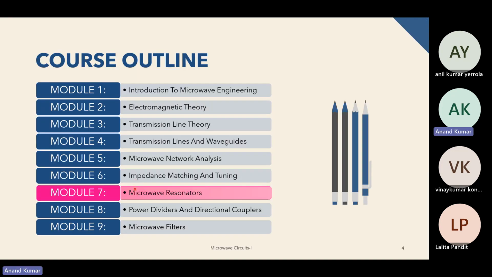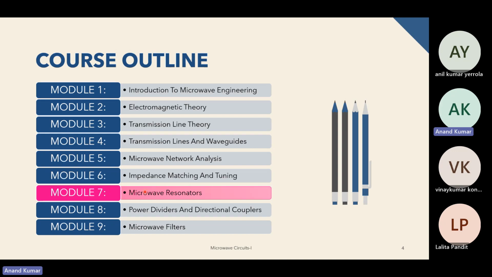Okay. So we started with module 7 in the last class, microwave resonators. We looked at the series RLC circuit. Essentially, when we design microwave circuits, we do that with distributed elements, right? But all these distributed elements can be simplified to form an RLC circuit. It could be a parallel RLC circuit, a series RLC circuit, or some mixed form of them.